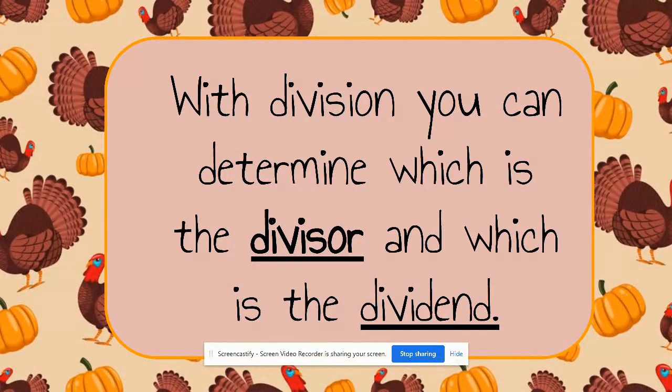I want you to write dividend, fraction bar right here. I want you to point and I want you to say divided by the divisor. So you have dividend divided by divisor. I need you to write that on your paper because it's very important.